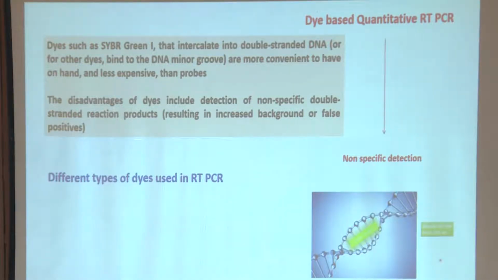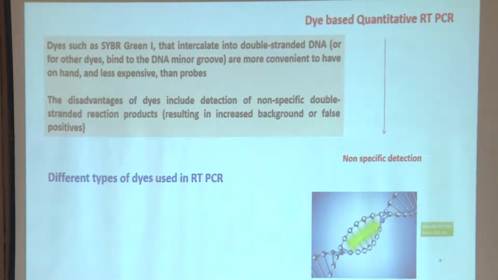There are a range of dyes which can bind with DNA, okay, which have a specific affinity towards DNA. So, SYBR Green, right, that intercalates into double stranded DNA, okay, and is more convenient to have on hand, less expensive than probes.